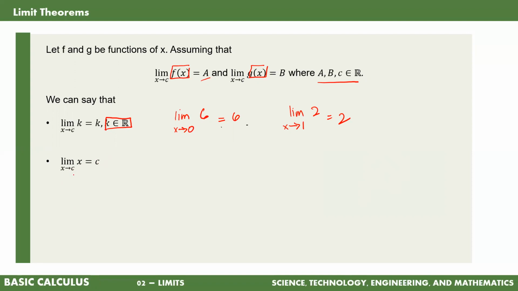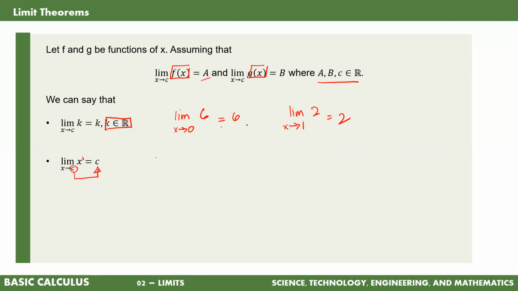So, ibig sabihin lang nito, kapag kumukuha ka ng limit ng isang variable, monomial lang siya, ibig sabihin isa lang yung term, tapos first degree lang, kasi exponent nito, di ba, 1 lang naman. Yung limit of x as x approaches a certain value c is that value c.